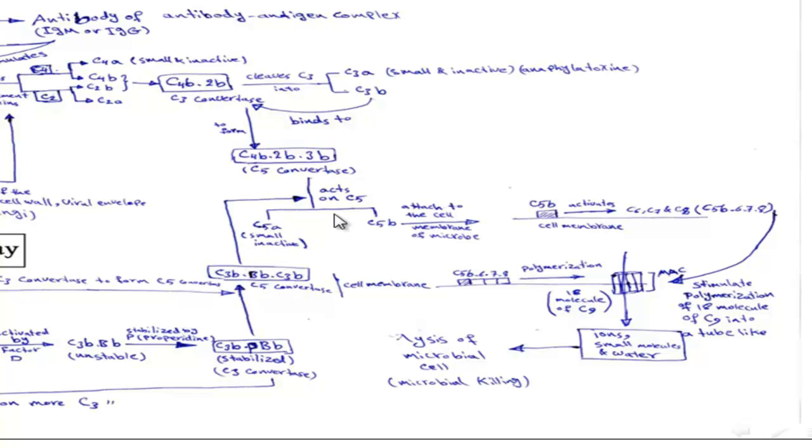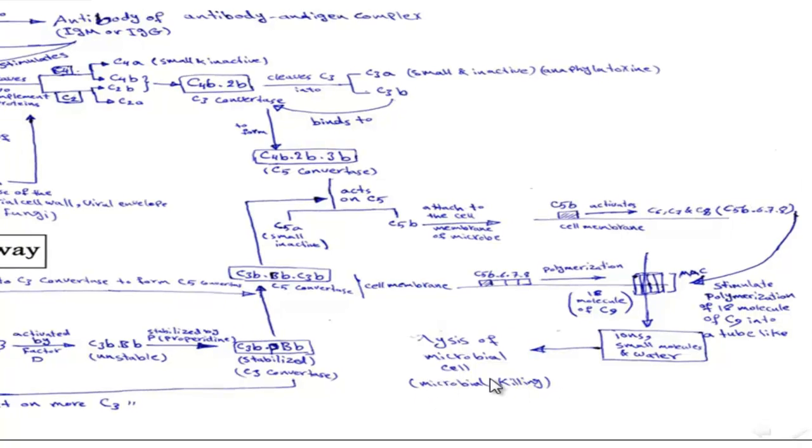Now the C5 convertase acts on C5 to form C5a and C5b. C5b attaches to the cell membrane of the microbe, and the reaction repeats again, and microbial killing is achieved.